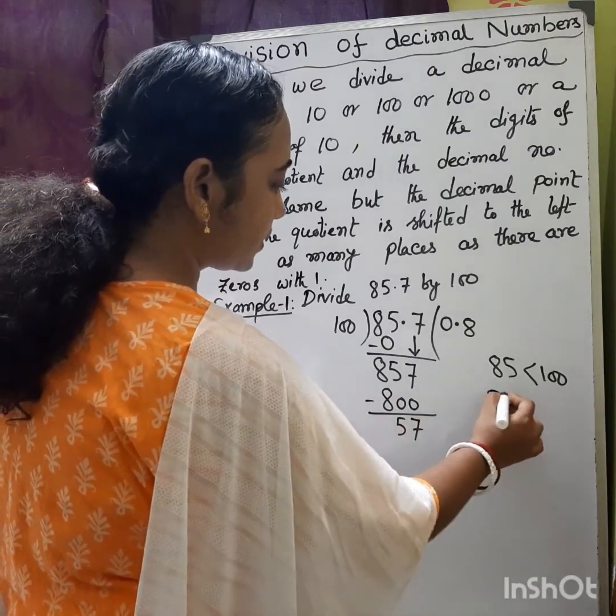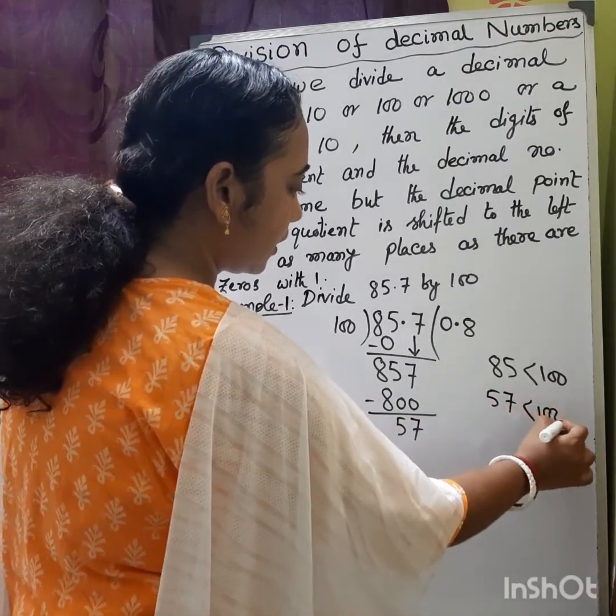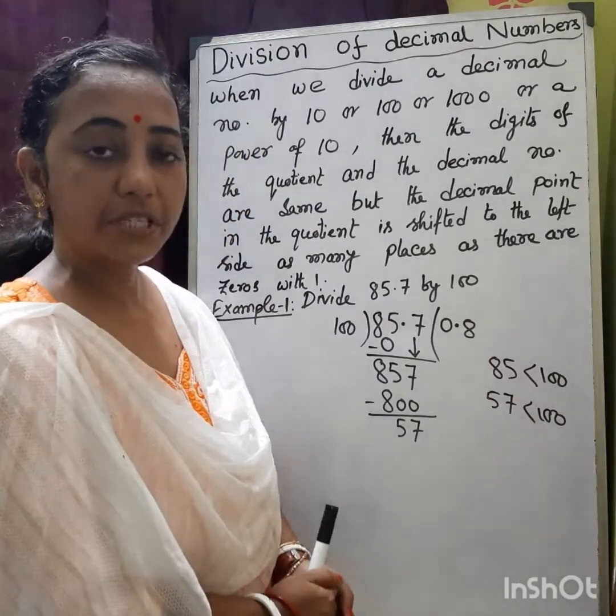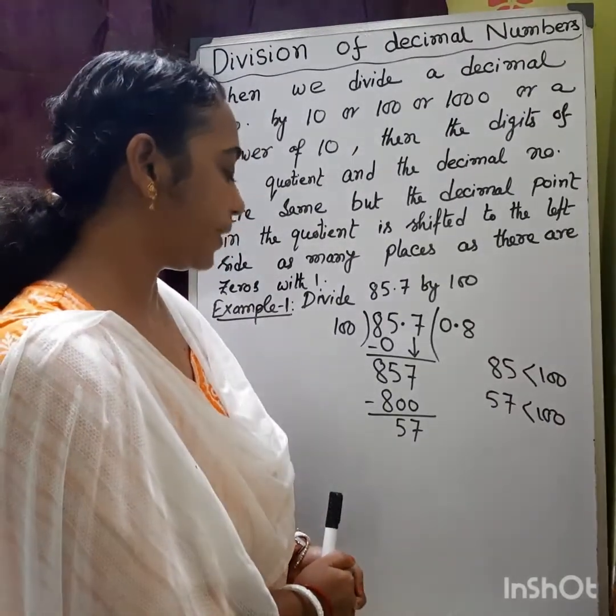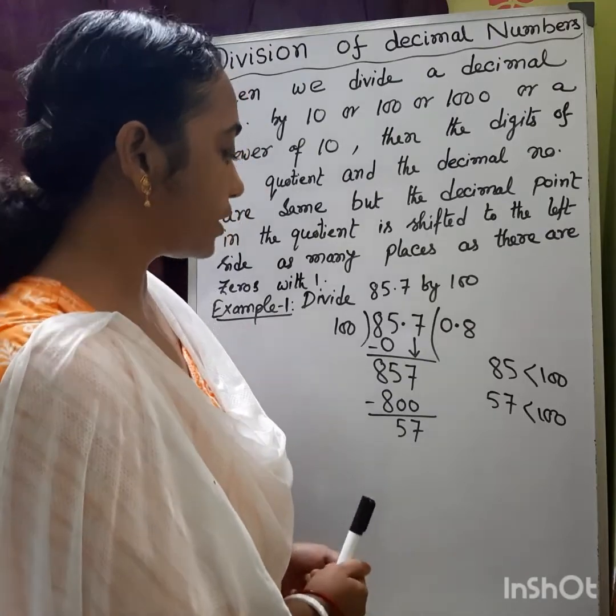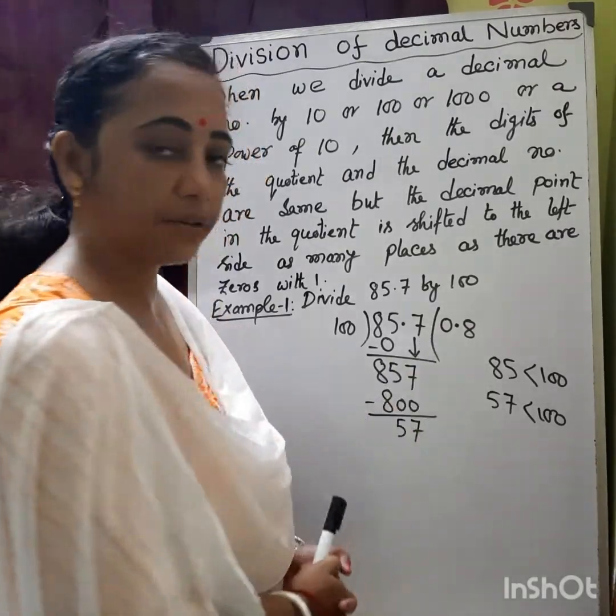But 57 is again less than 100, and also no digit is left in the decimal part of the dividend.